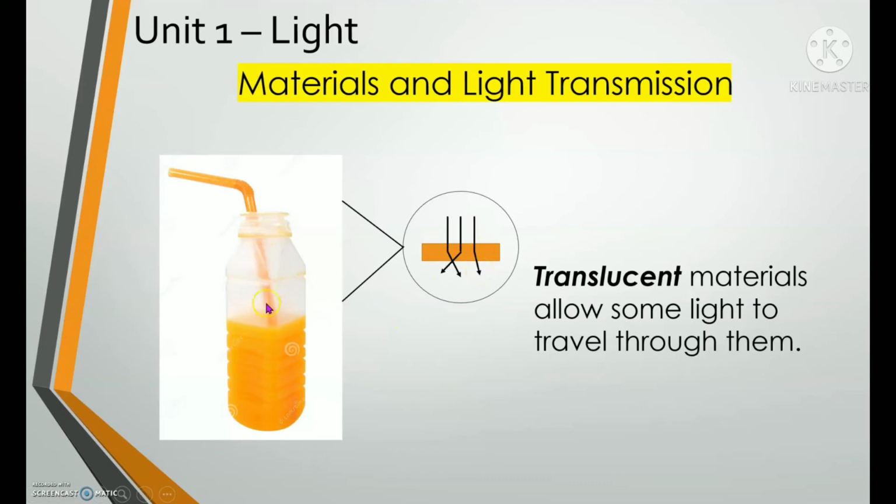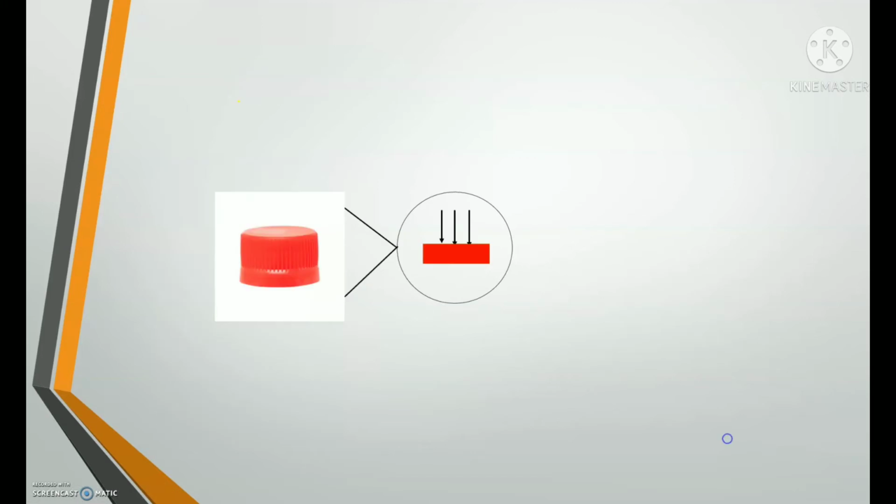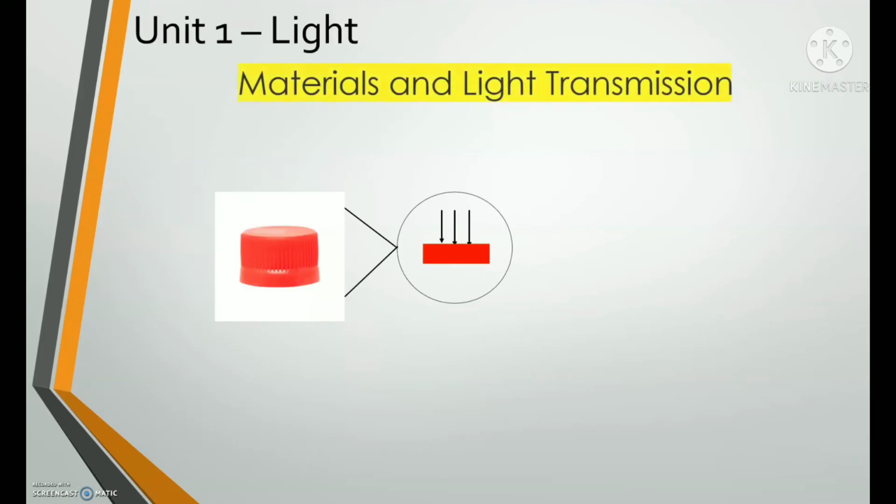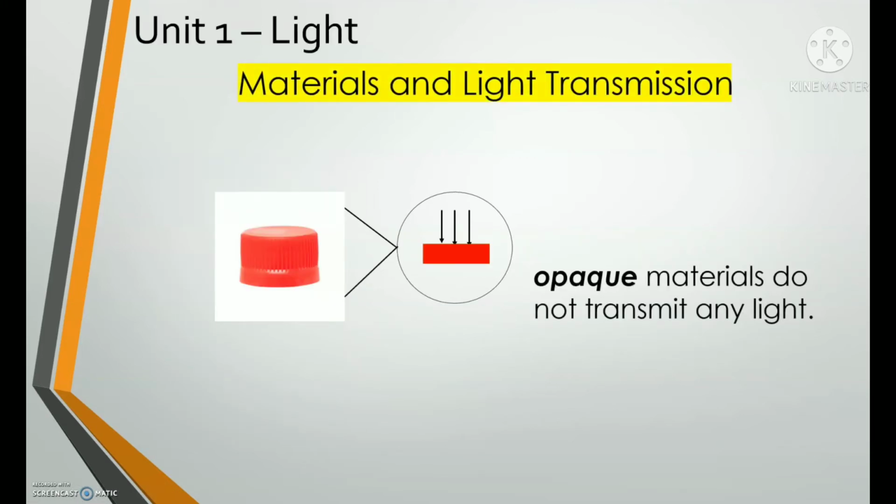That's why we cannot see clearly inside of it, because some light did not travel through them. So what is the material that allows only some light to travel through them? Very good, translucent material.